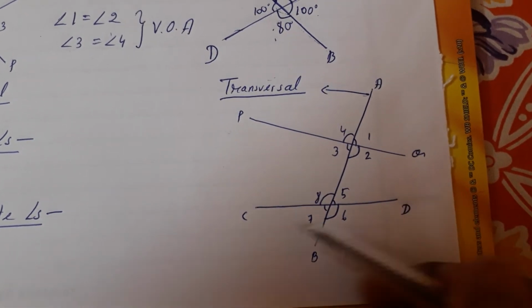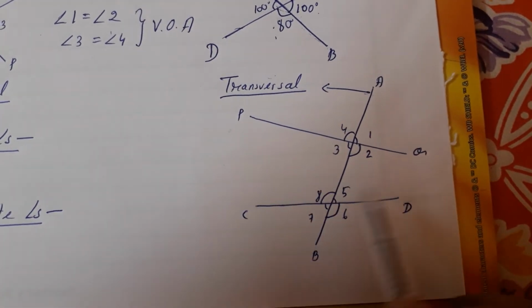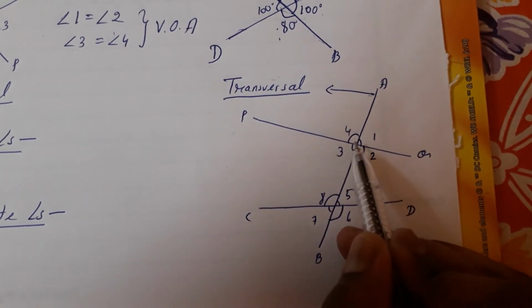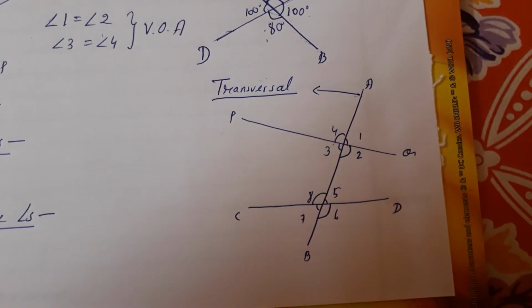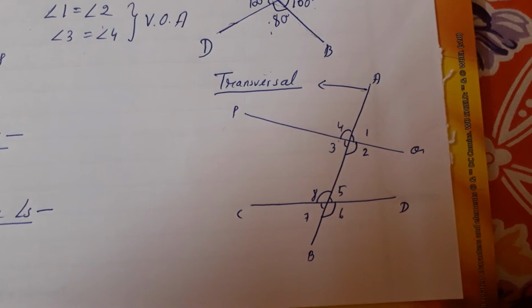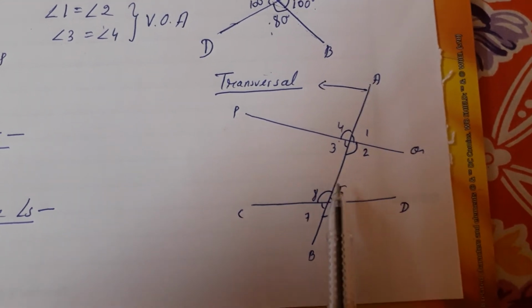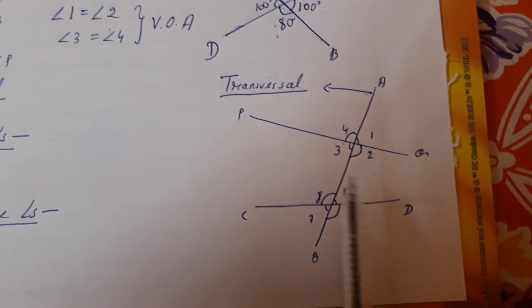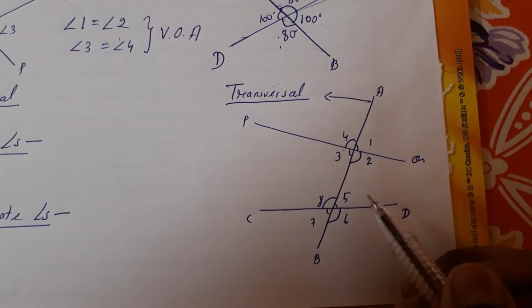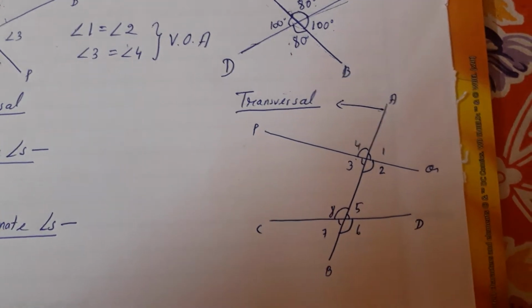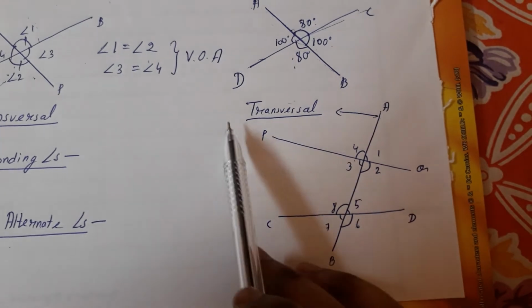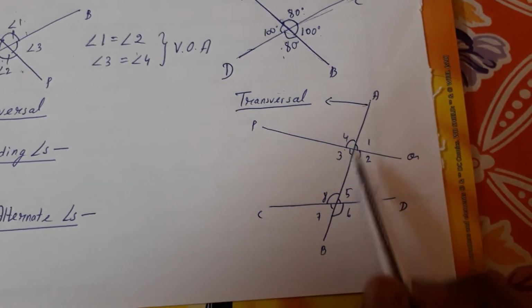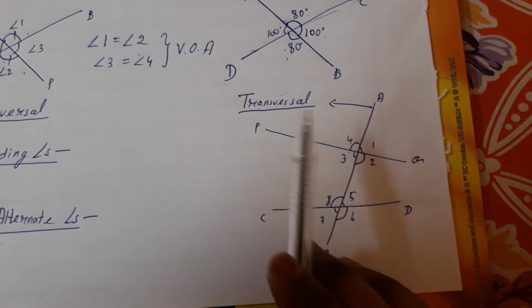See, AB intersects PQ and CD at these two points. So a line which intersects two or more given lines at distinct points is called a transversal of the given lines. So here AB is your transversal. I think it's clear what is meant by transversal.